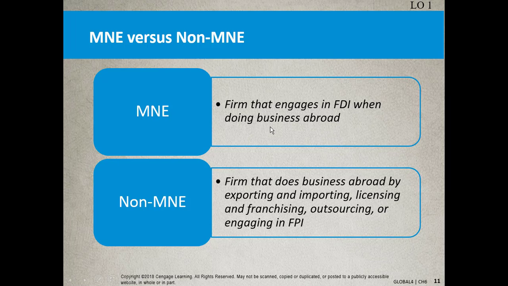But firms that engage in FDI when doing business abroad, let's say that you have a choice. You can export locomotives, you can license locomotives, franchise them, outsource them, maybe engage in some FPI by buying a bunch of shares in some Brazilian locomotive manufacturing company. Or I can just build a plant there. I can build a plant there, teach people how to make locomotives, and make locomotives there.